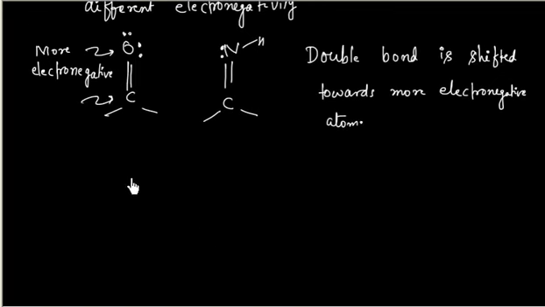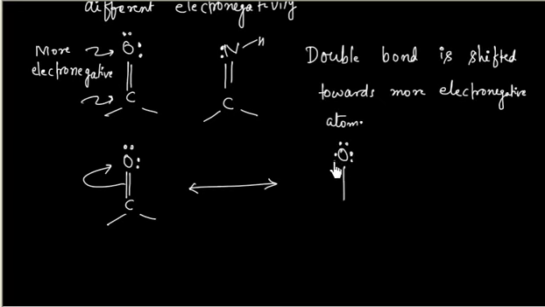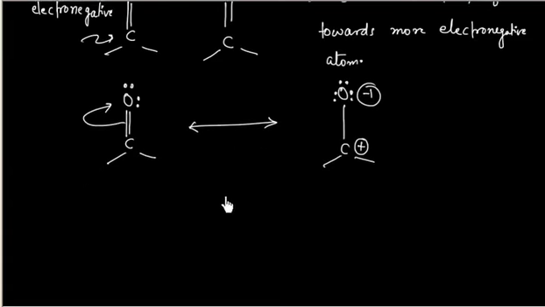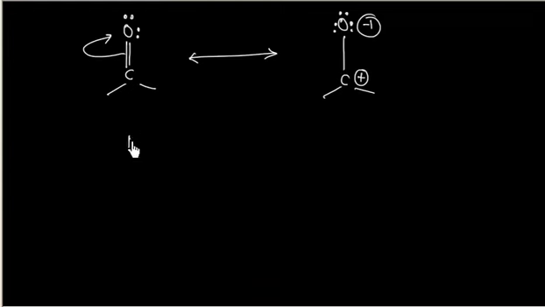So we can convert into a resonating structure by flowing the arrow. We can convert a bond pair into a lone pair. So we will have a resonating structure. Carbon will have a plus charge, oxygen will have a minus charge. In this case again, we can convert a bond pair into a lone pair to get another resonating structure.